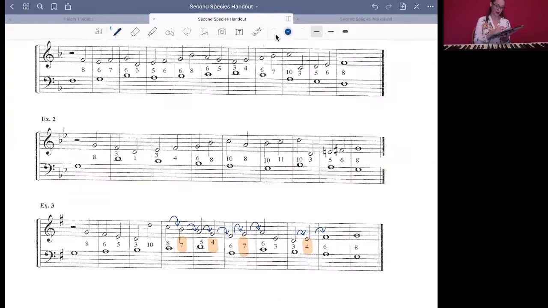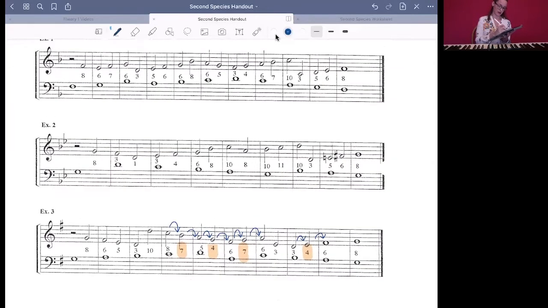So let's look at this dissonance right here, which is also a passing tone. We approach it by step, and we leave it by step in the same direction. So passing notes are connectors. We pass through them by step.